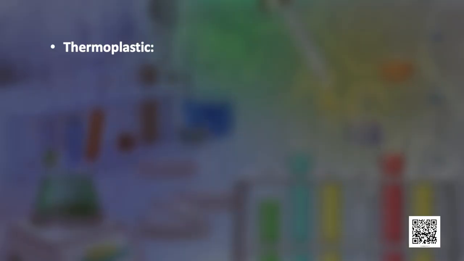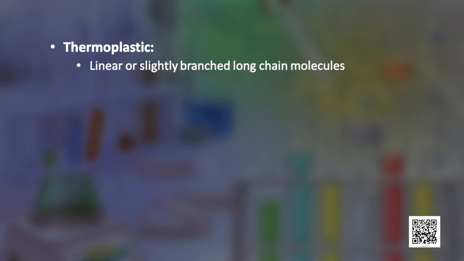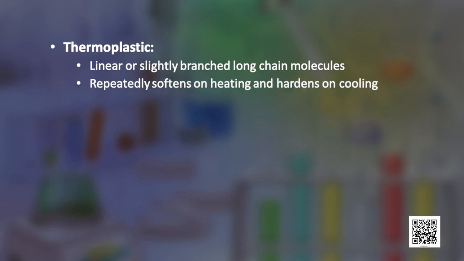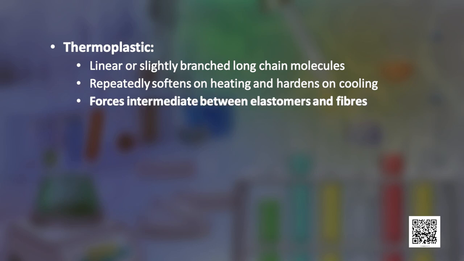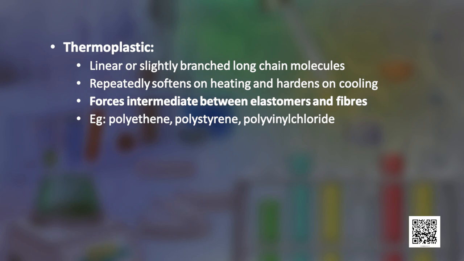The next category is thermoplastic polymers. These are linear or slightly branched long chain molecules capable of repeatedly softening on heating and hardening on cooling. These polymers possess intermolecular forces intermediate between elastomers and fibers. Some common examples are polythene, polystyrene and polyvinyl chloride.